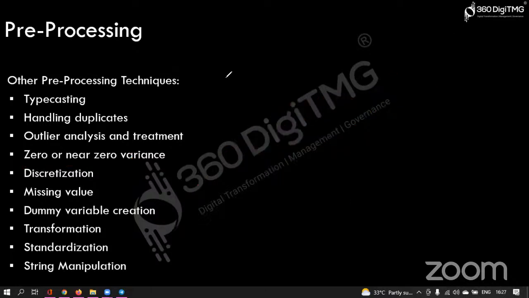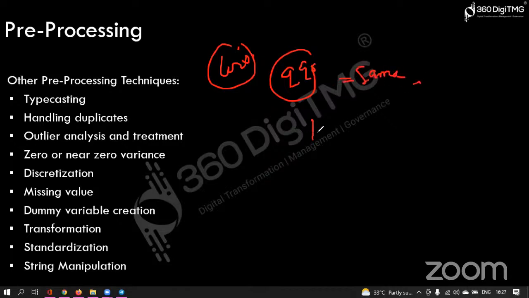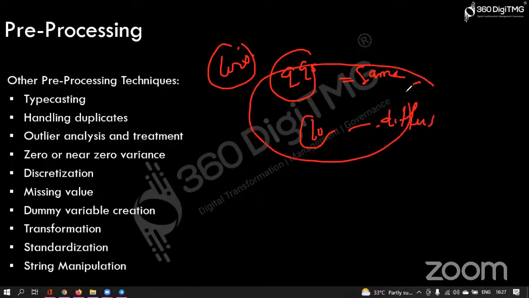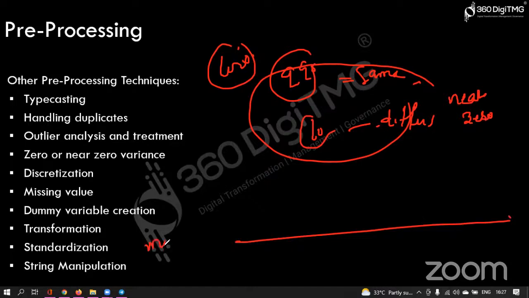Near to zero variance: if you have 1000 data points or 1000 entries, among that 990 entries are all the same majority class, and you have just 10 different entries. In that case, we'll be calling it near zero variance. What does that mean? Considering the age, the mean is 32, and 990 values are on the same line.